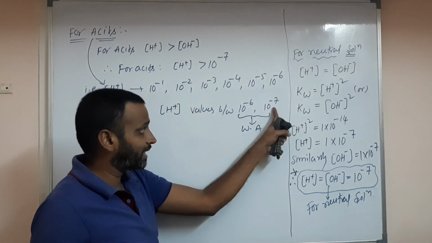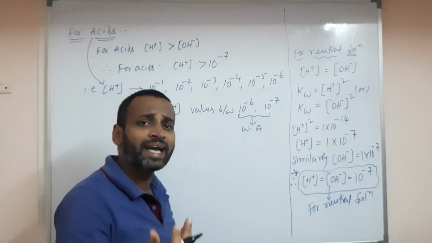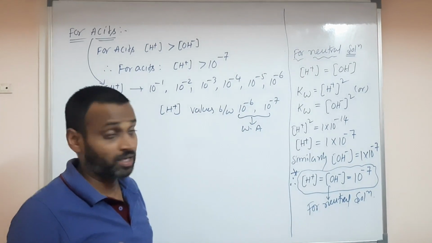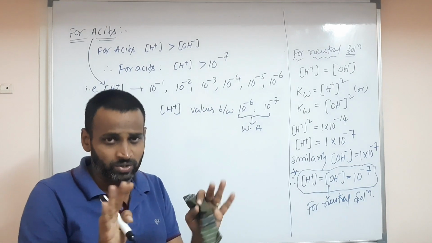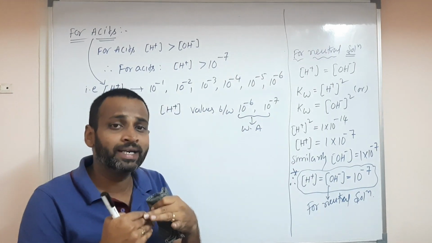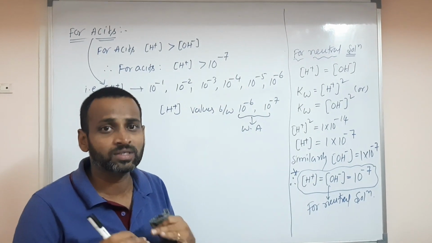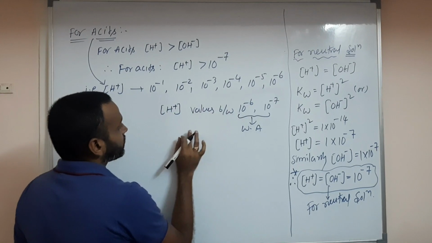But exactly 10 power minus 7 is neutral. 10 power minus 6.9, sir, is almost neutral but slightly acidic. Values greater than 10 power minus 7 come under acidic concentrations. Very clear. So for acids, these are the concentrations.